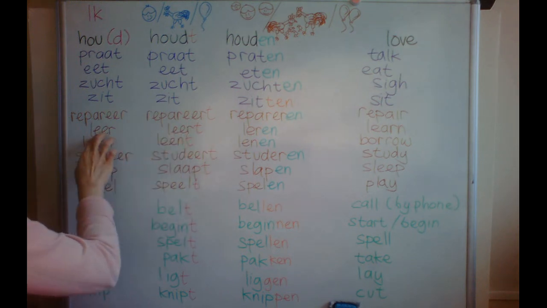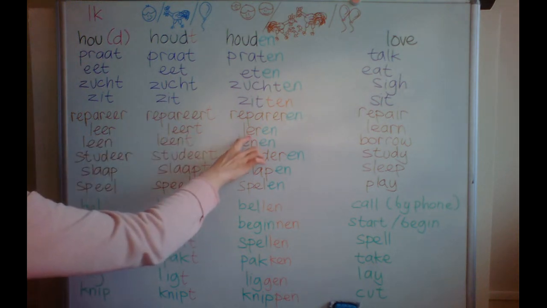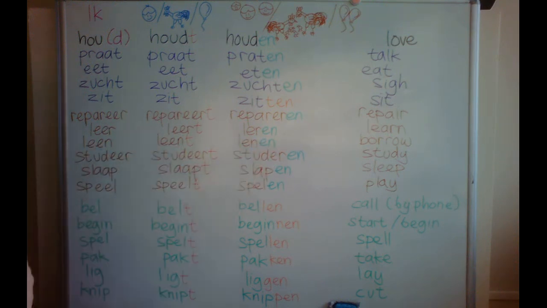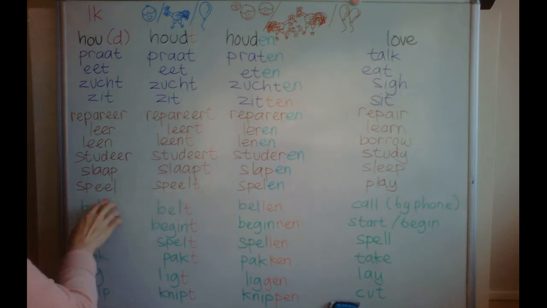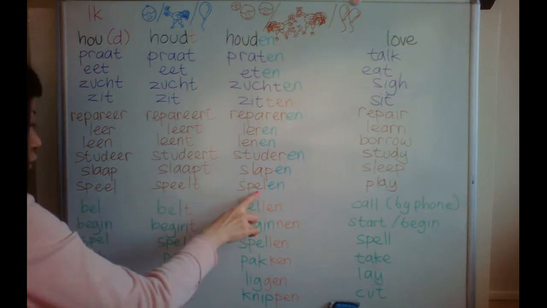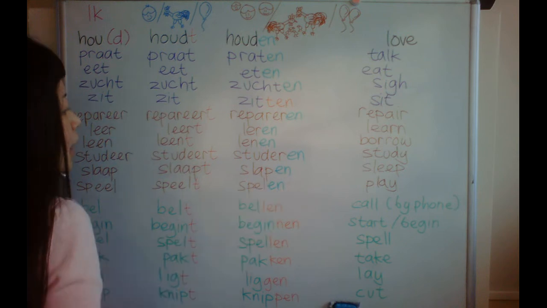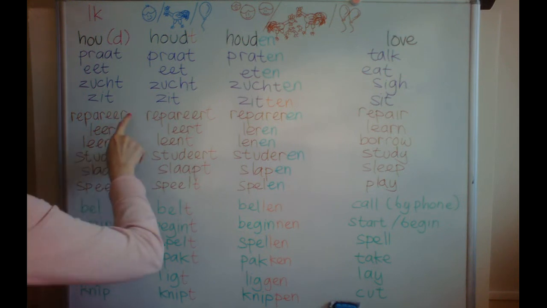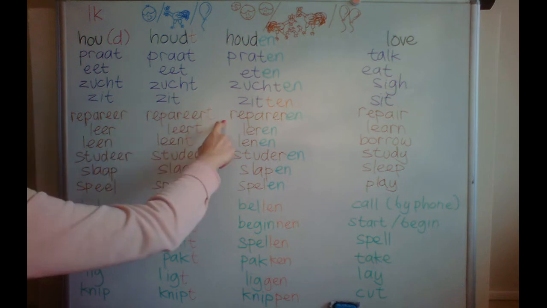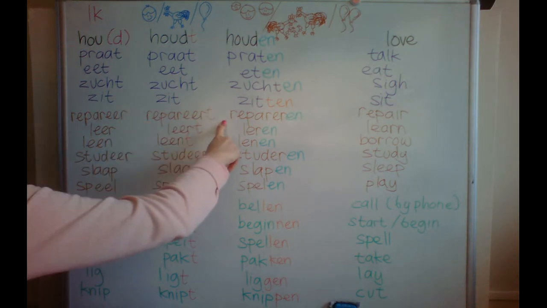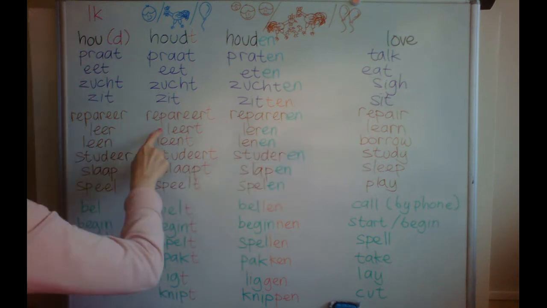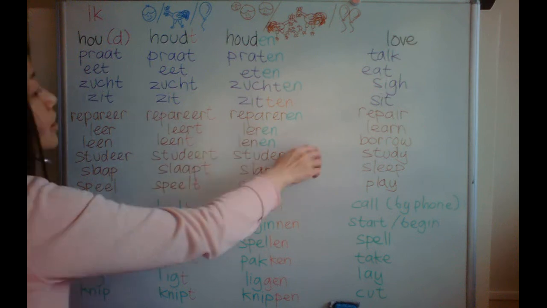This has two vowels, one disappears, put en. These two vowels, one disappears, put en. This one too. Two vowels, one vowel, en. We will read it. Repareer, repareert, repareren. Repair. Leer, leert, leren.